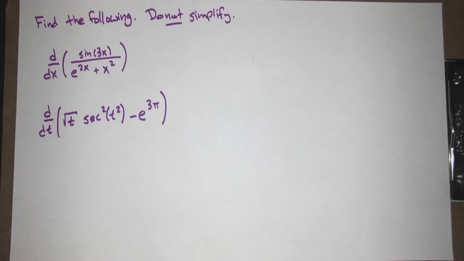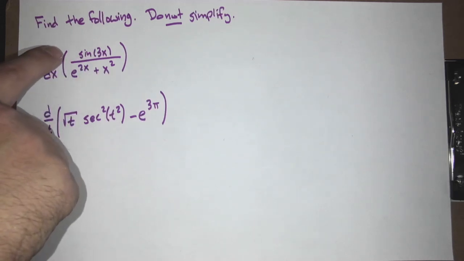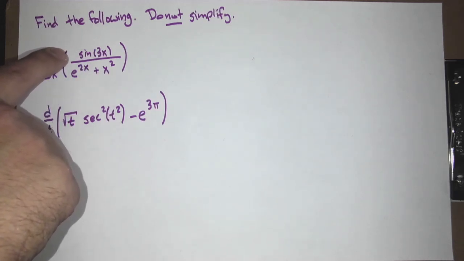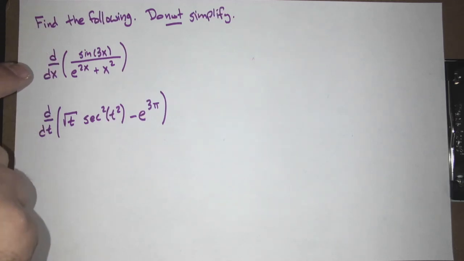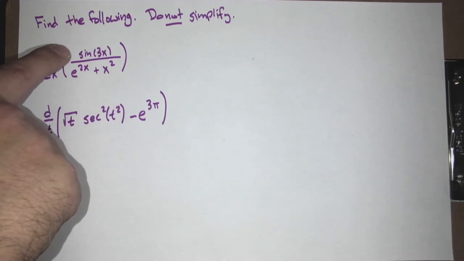Okay. Well, let's talk about the first one. Let's think about our rules. What's our first layer here? Quotient rule. Now, we'll remember a couple things. The derivative of sine? Or is it negative cosine? Positive cosine, good. Will you need to do anything else when you take the derivative of this term?